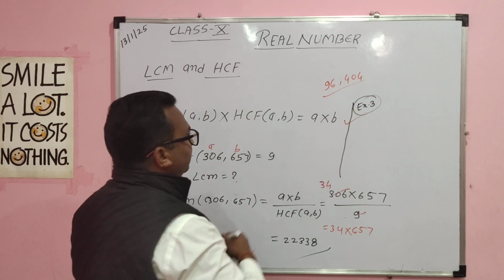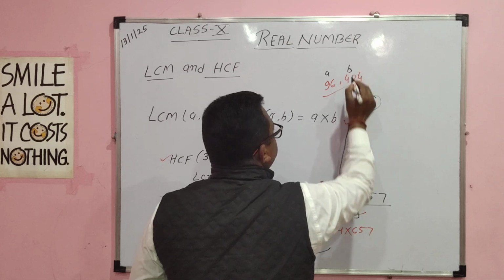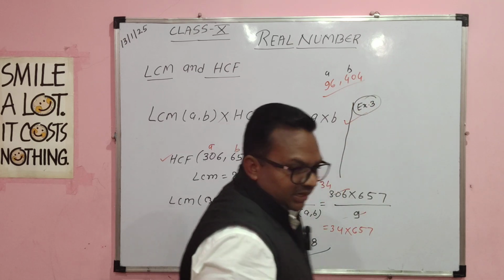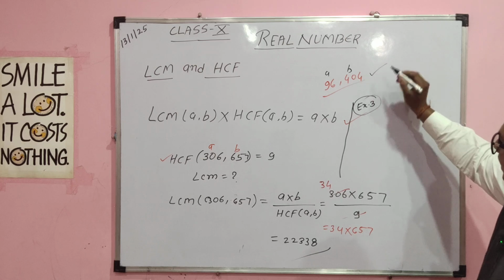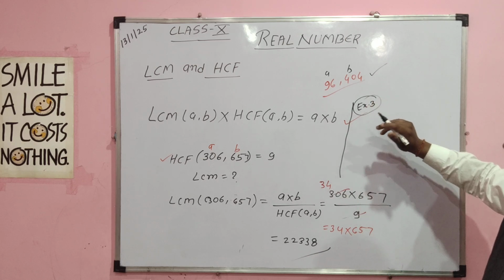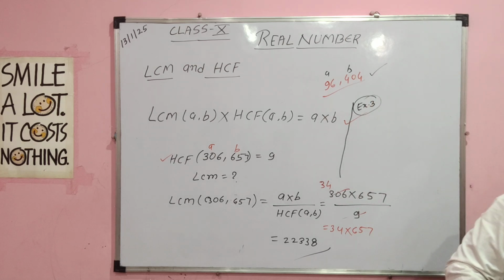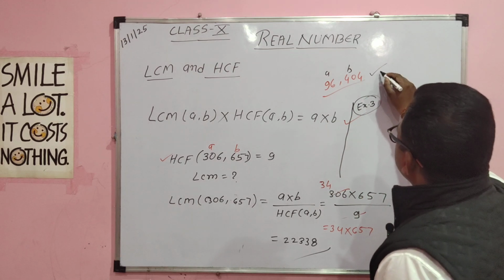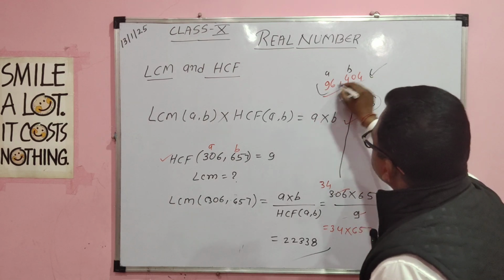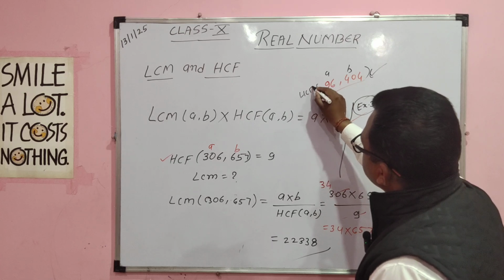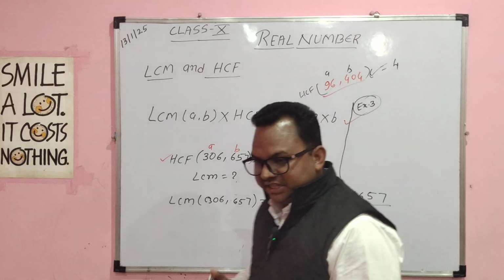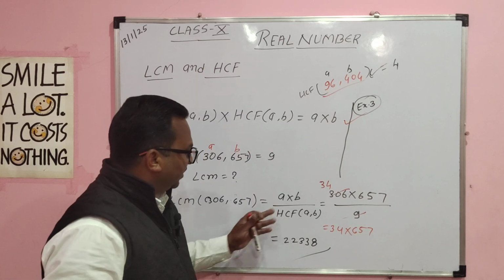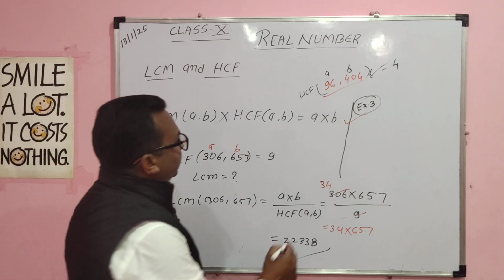Here 96 and 404 are A and B. With the help of prime factors, find LCM or HCF. HCF of 96 and 404 is 4. So we directly find LCM using this formula.